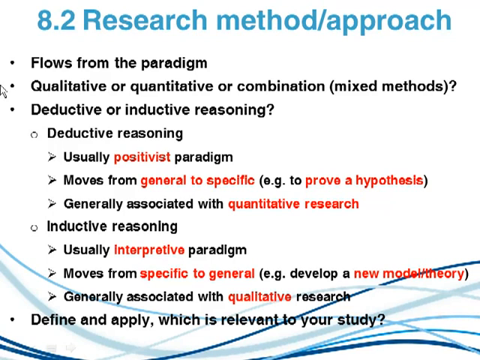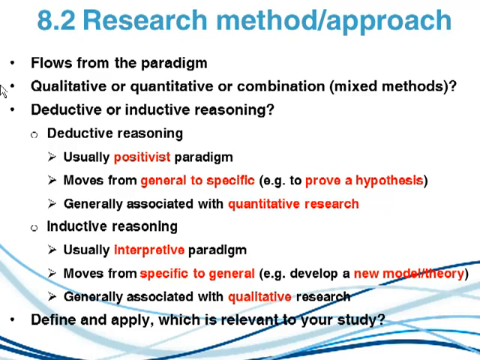Next, research method or approach. So this flows from the paradigm. Generally, the method or approach is either qualitative or quantitative or both. In most instances, it's one or the other. I just thought I'd write a bit about deductive and inductive reasoning here. So usually deductive reasoning is positivist, moves from general to specific to prove a hypothesis.